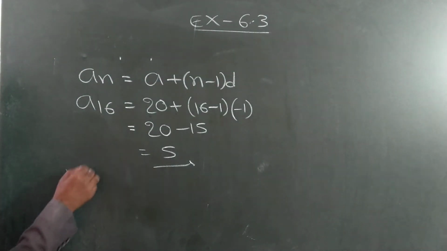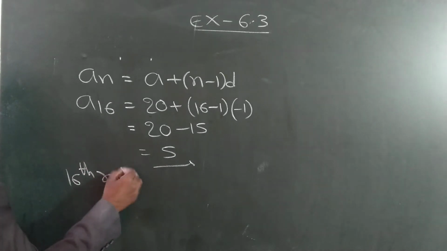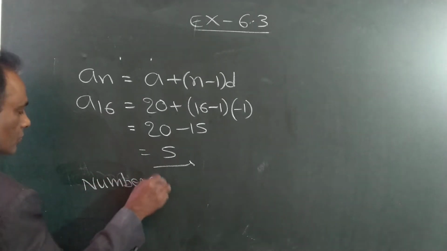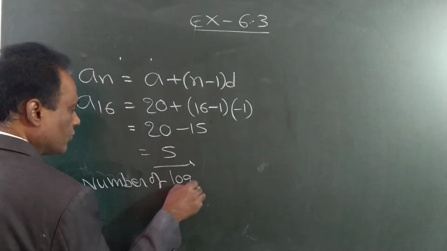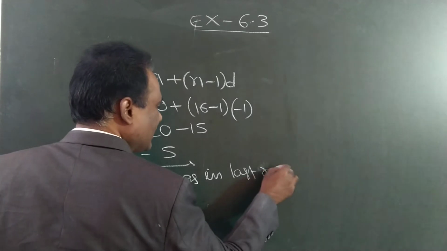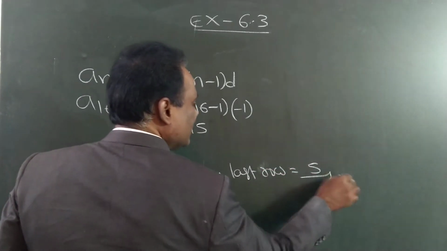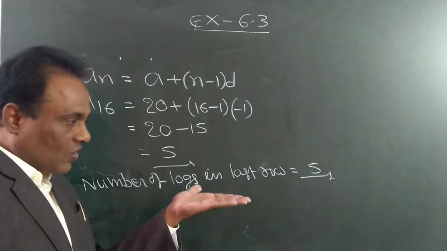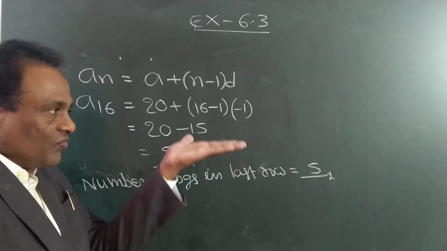You can write in words. So 16th row, number of logs in the last row. Last row means 16th row is equal to 5. In the last row, first row 20 logs, second row 19, third row 18, fourth 17.